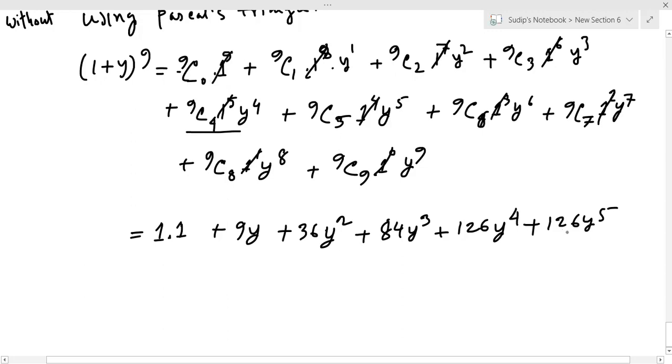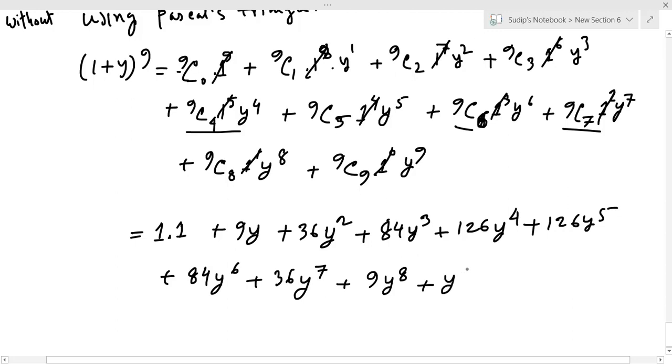Then once you get 126 and 126, you will get 9C6, which means 84 y to the power 6, 9C7 means 36 y to the power 7, 9C8 means 9 y to the power 8, 9C9 means 1 y to the power 9.